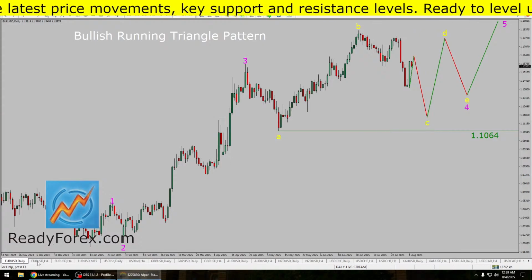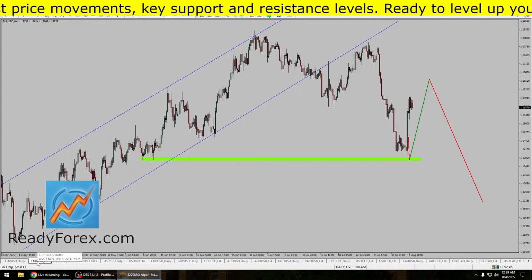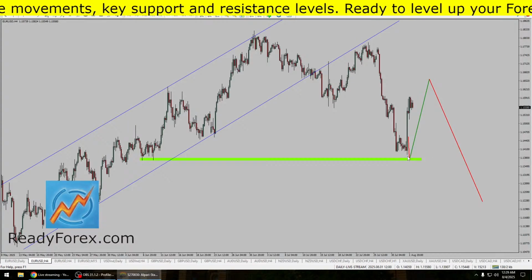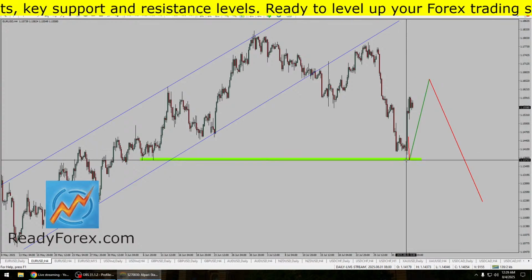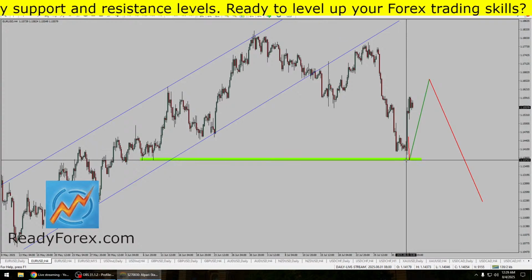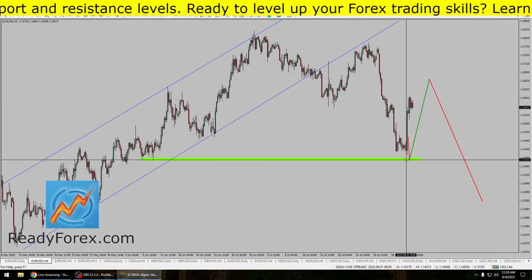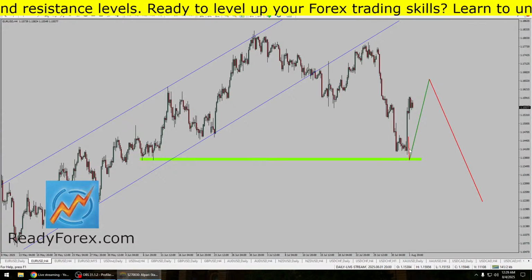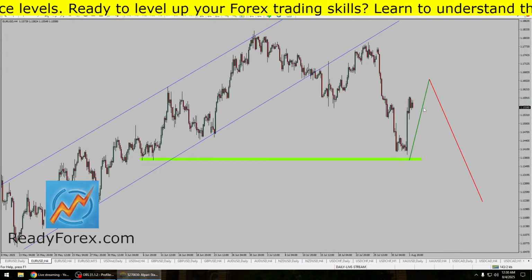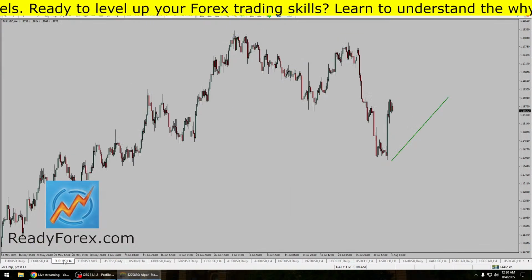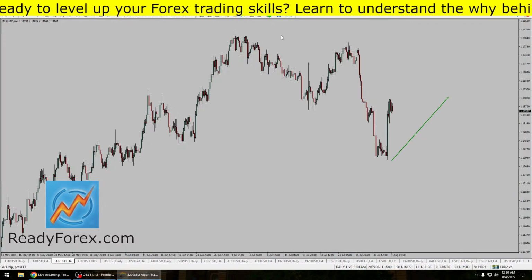Next, let us take a look at 4-hour time frame. Inside 4-hour time frame, I was kind of expecting the price action to hit this support level. It kind of reached that level and then it rallied up. Now let us take a look at this 4-hour chart over here.